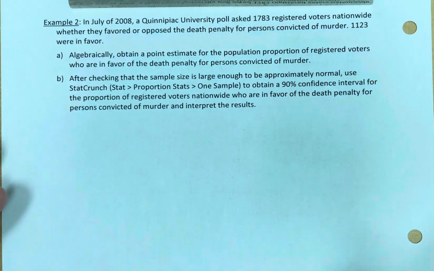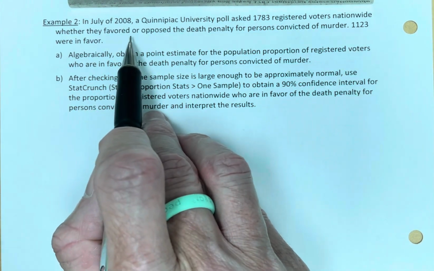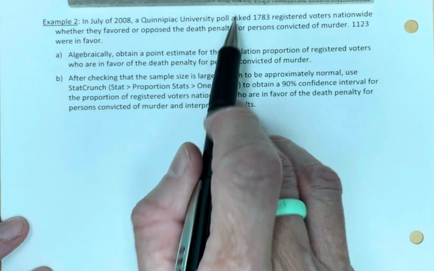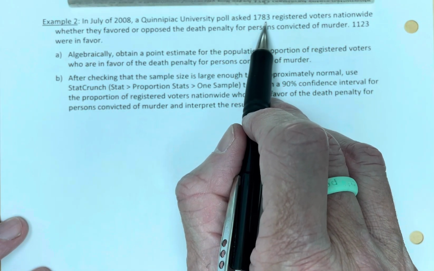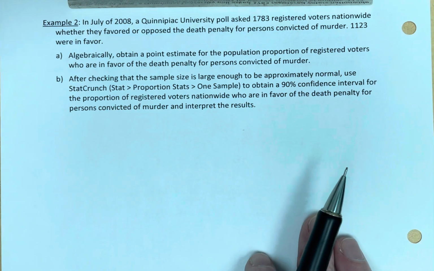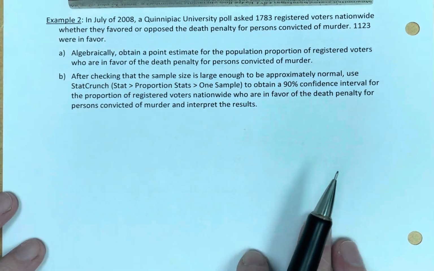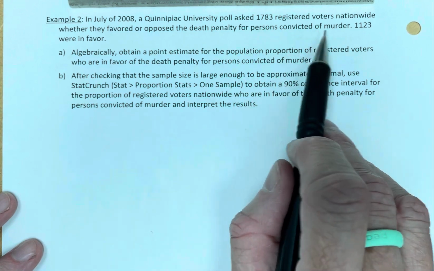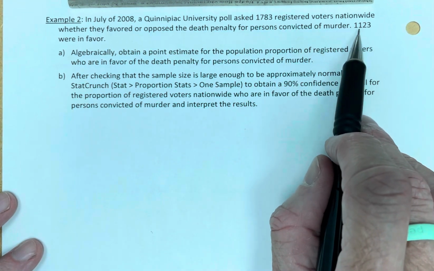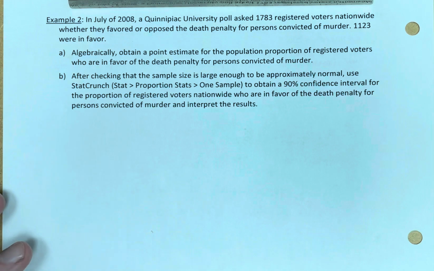Here we go. Okay, in July of 2008, a Quinnipiac University poll asked 1,783 registered voters nationwide whether they favored or opposed the death penalty for persons convicted of murder. 1,123 were in favor.